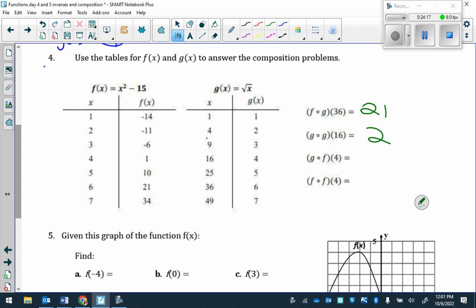So f of 4 is what? 1. Then g of 1? Good. Okay. F of f of 4 would be what? Okay, so we have f of 4, which is 1. Then f of 1 is negative 14. Good. Excellent.